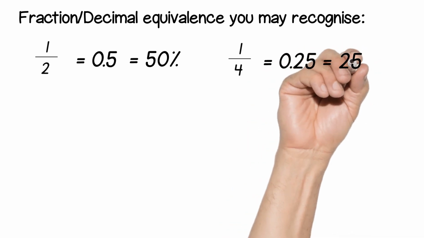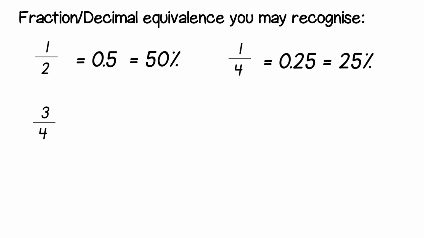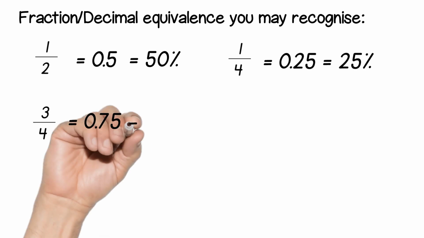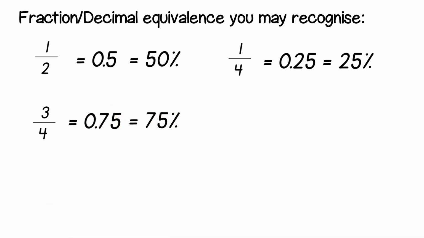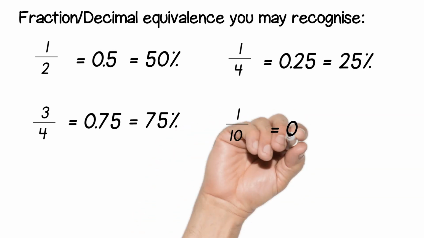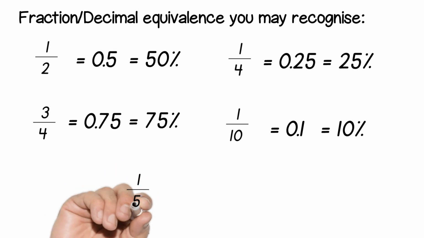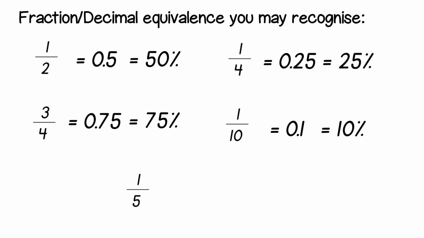Third one, 3/4, which is 0.75 as a decimal, and 75% as a percentage. 1/10 is the next one, which as a decimal is 0.1, and as a percentage is 10%. And finally, 1/5 is 0.2 as a decimal and 20% as a percentage.